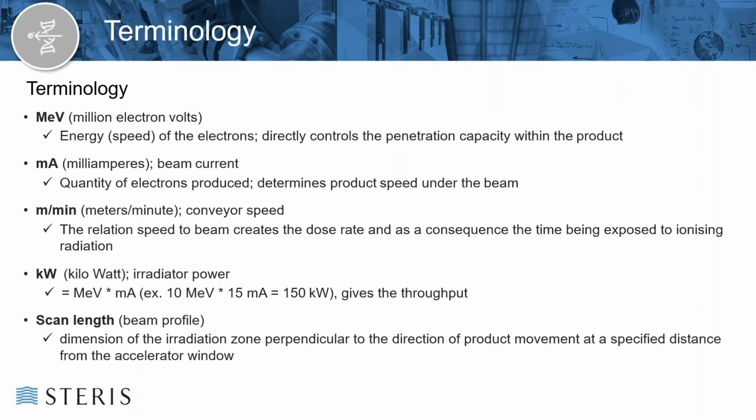Hi, everyone. I'd like to start off with some terminology in relation to electron beam sterilization. This is not a complete list, but first off, you will see quite a few times in this presentation the term MeV, which are the units for electron beam energy.